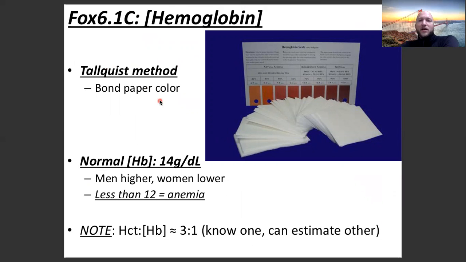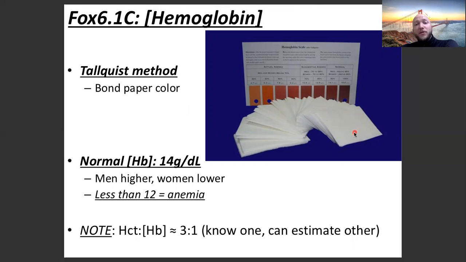All right, hemoglobin concentration. In lab, we use the Tallqvist method to measure hemoglobin concentrations. We use a piece of testing paper and put a drop of blood on it.